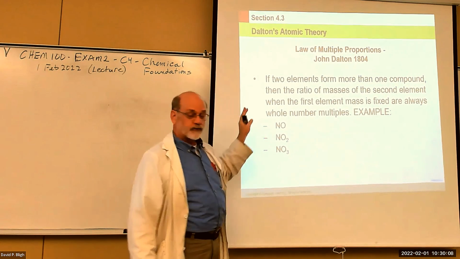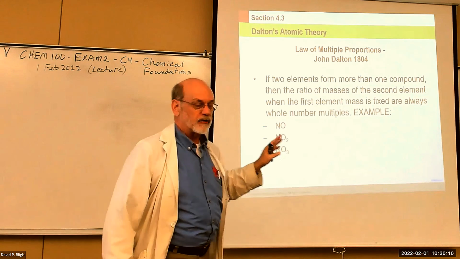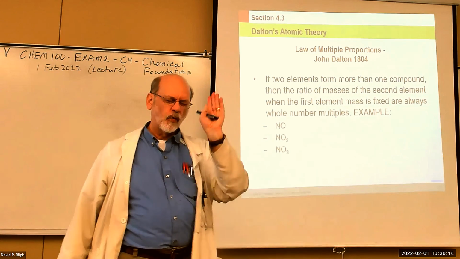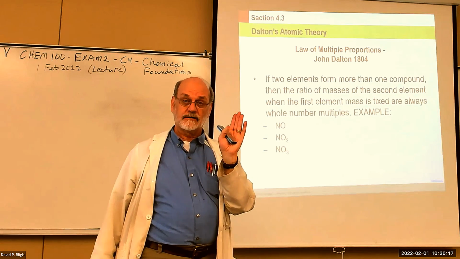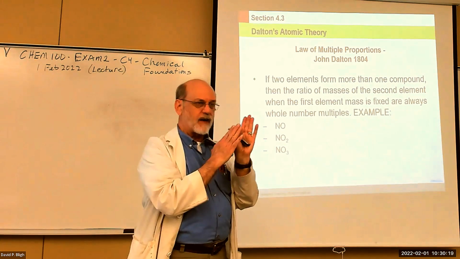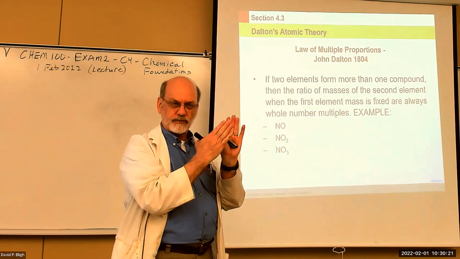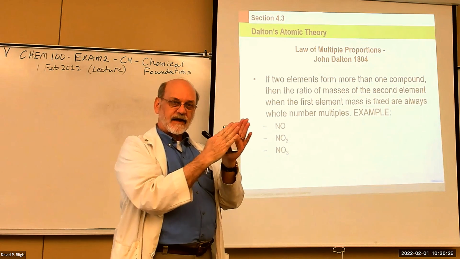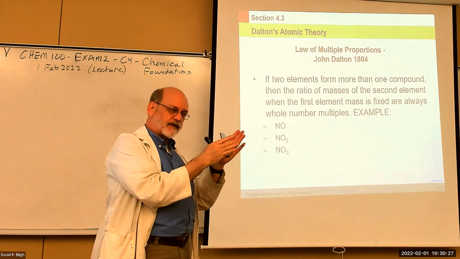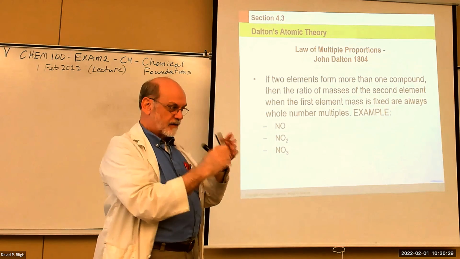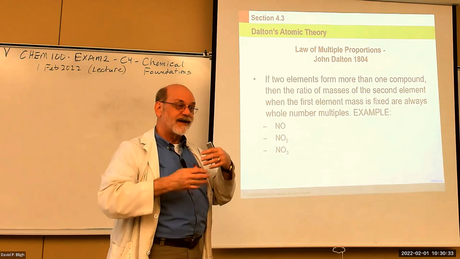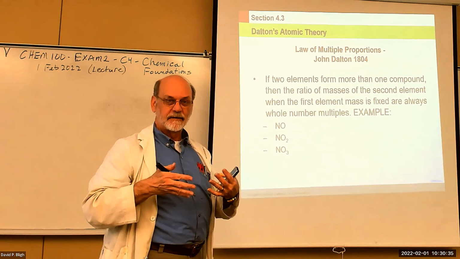But when Dalton proposed his law of multiple proportions, he was just saying that if you fix the mass of 1 element at a certain amount, and we know in the compound, the ratio, according to Proust, is going to be a fixed ratio, then if you have another compound that's formed from those same 2 elements, but it's a different compound, right? And you know it's a different compound because it has a different identity.